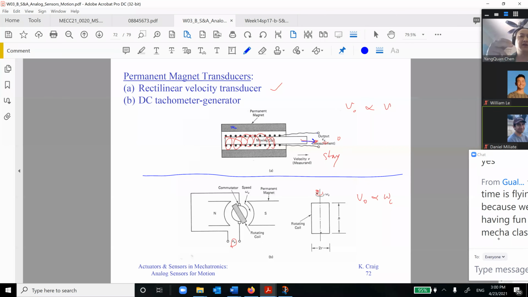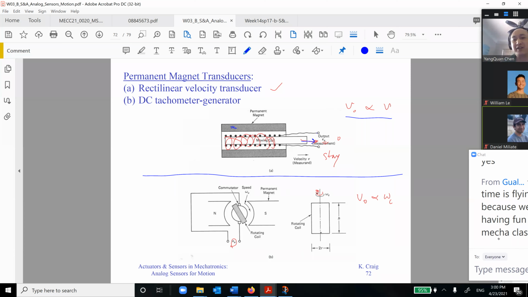If you pull out, you are cutting the flux. The coil cutting the flux will produce the output. The output is proportional to how fast you move. So that's called a linear velocity transducer.